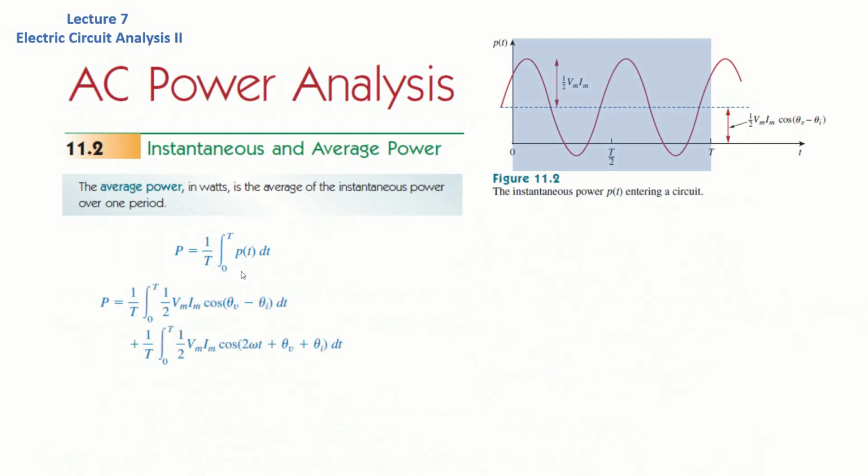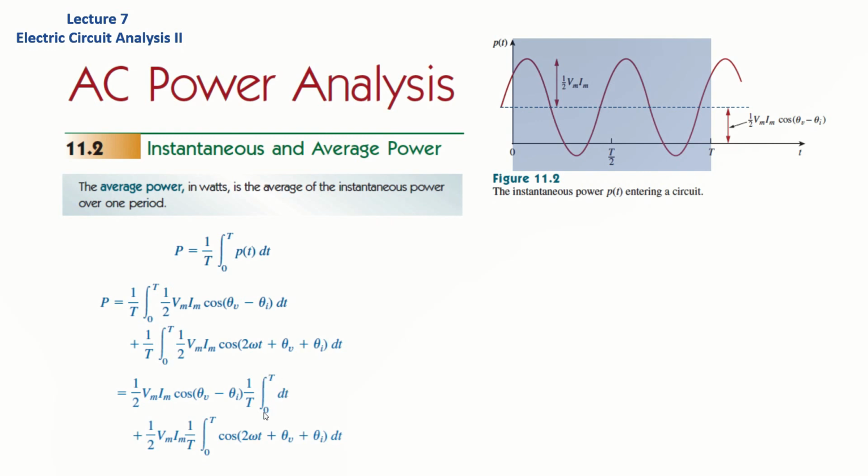This integral will move inside, and we will integrate the part that is not oscillating separately from the part that is oscillating. Since this part is all constants, it does not involve anything that depends on t, so we can take this outside of the integral, and we will be left with this part inside the integral. Once we integrate it, we will see that this is nothing but T.